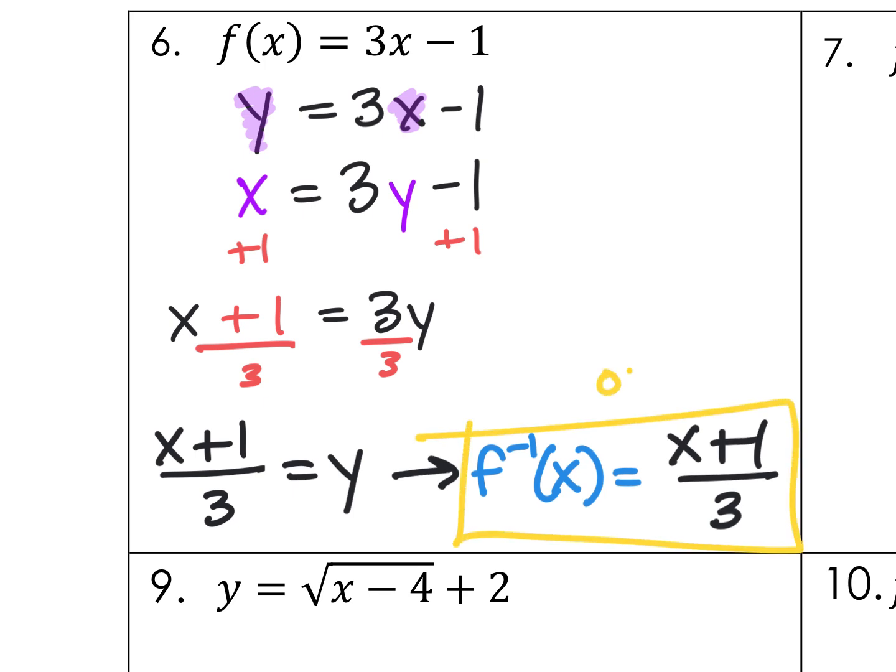But if it bothers you that it's not like y equals mx plus b, this is the same thing. F inverse of x, 1/3 x plus 1/3, if you were to break it apart. Okay, that's all we're doing today. Swap, solve.